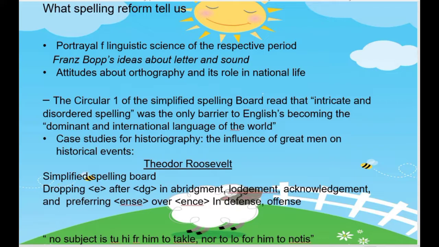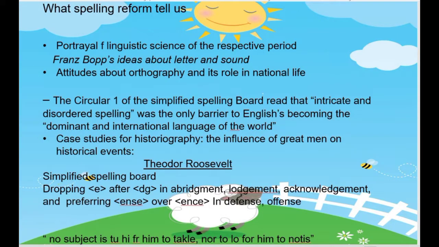So, a case study for historiography is the influence of Grimm on historical events. Regarding the Simplified Spelling Board, I just want to clarify its role in learning the language or the spelling.